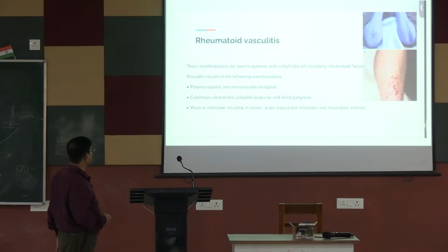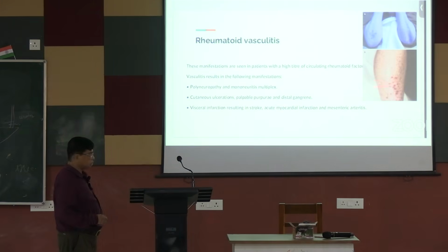Polyneuropathy and mononeuritis multiplex. Polyneuropathy is symmetrical and mononeuritis multiplex is an asymmetrical patchy involvement. When there is asymmetrical patchy involvement, we call it mononeuritis multiplex, and when there is symmetrical involvement, we call it polyneuropathy. Cutaneous ulcerations may be there, palpable purpura and distal gangrene. This cutaneous ulceration and distal gangrene is a hallmark of scleroderma, another disease, you know, PSS, progressive systemic sclerosis, also called scleroderma.